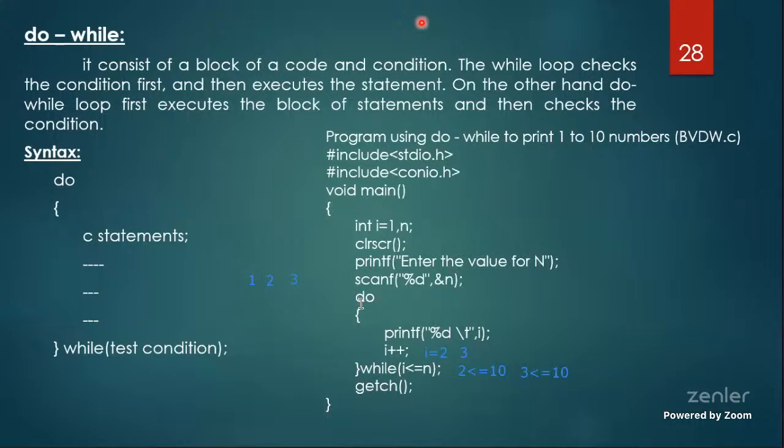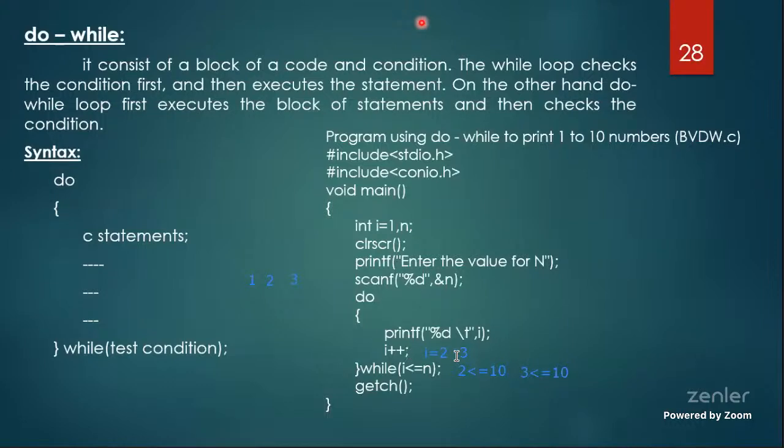You go to the do loop and print the I value as 10, up to 10 it will print. I plus plus means what? Now the I value will be incremented to 11. Very good.